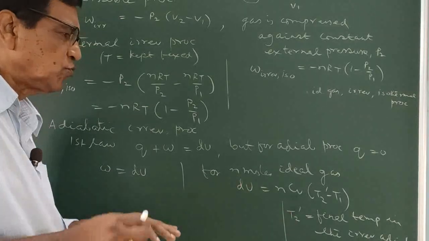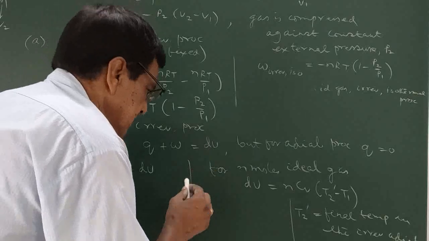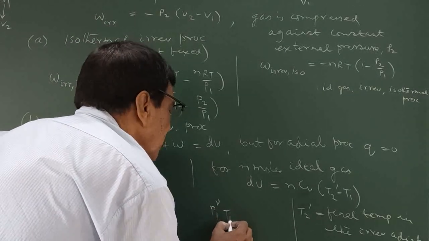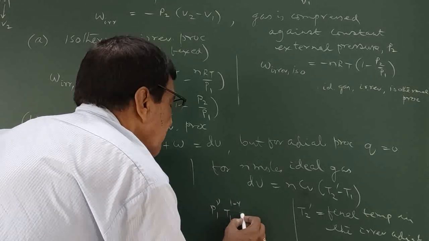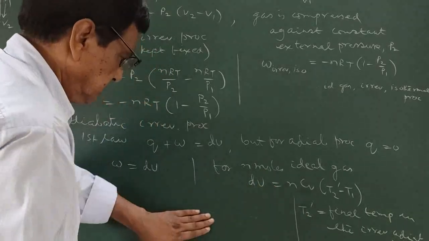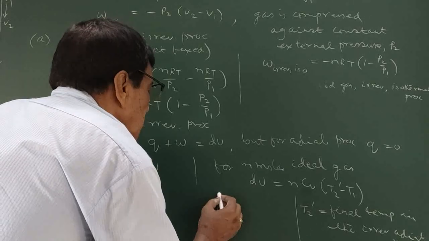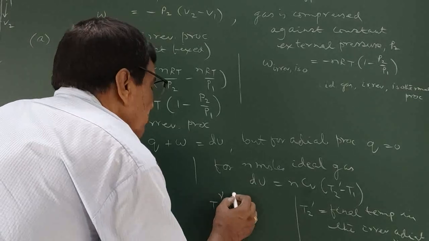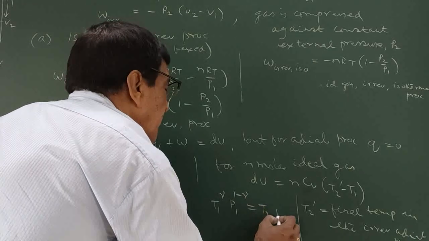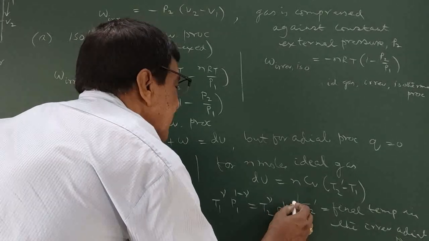And T2 dash cannot be calculated by using the usual rule: T1 to the power gamma and P1 to the power 1 minus gamma equal to T2 to the power gamma and P2 to the power 1 minus gamma.